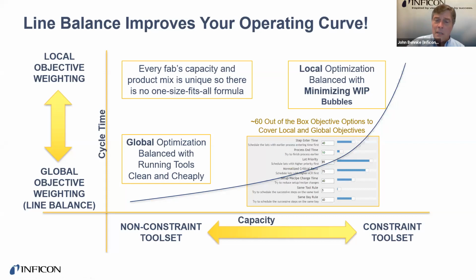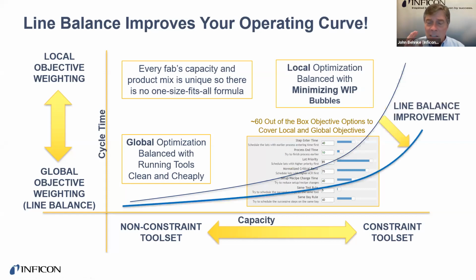But what's interesting is that the single best way of lowering the operating curve, which allows you to get this extra output, is through line balance. Again, you can get either improved cycle time, or improved output, or a little bit of both. Line balance, as part of an advanced scheduling deployment, because they really go hand in hand, is really free capacity, free improved on-time delivery, free cycle time improvement.